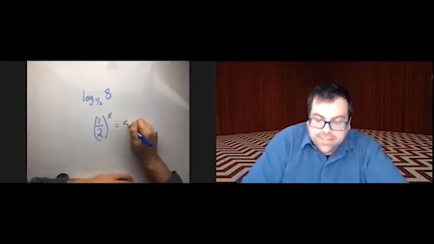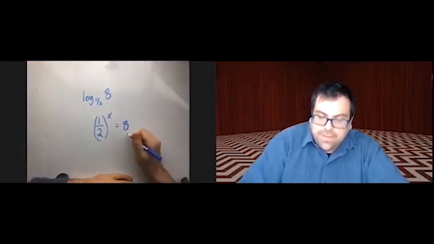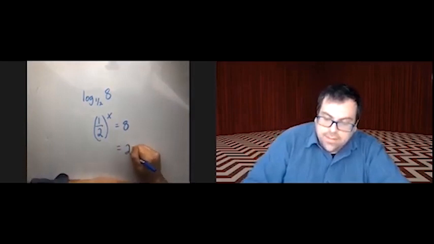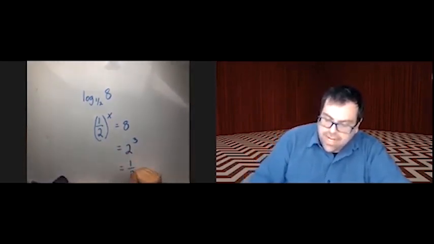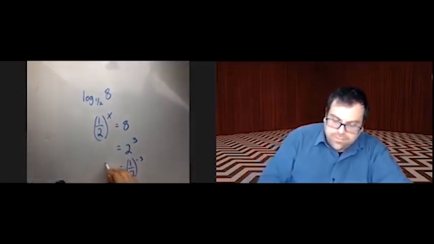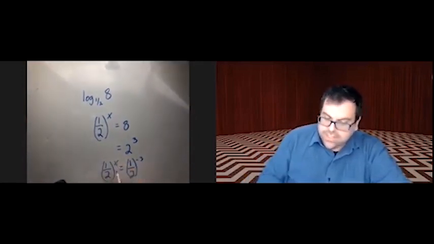This has to equal 8. Well, 8 is 2 to the third, which would be 1/2 to the negative third. So we see that x has to be negative 3.